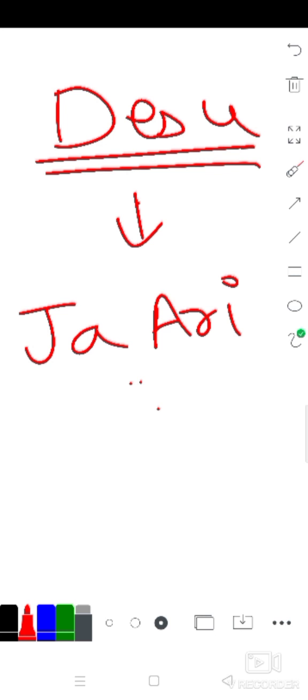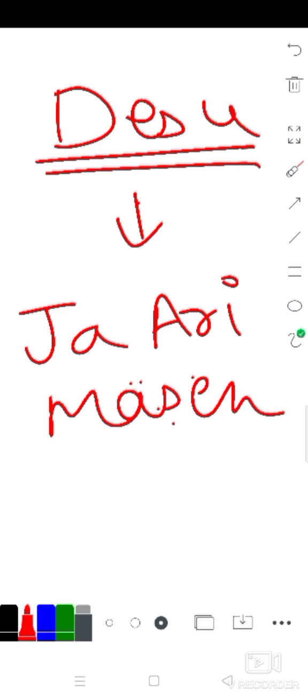In Hindi, if I say तृप्ति टीचर है, in that case we will use desu. तृप्ति टीचर नहीं है, in that case we will use ja arimasen. So ja arimasen is the opposite of desu. I'll give you more examples.